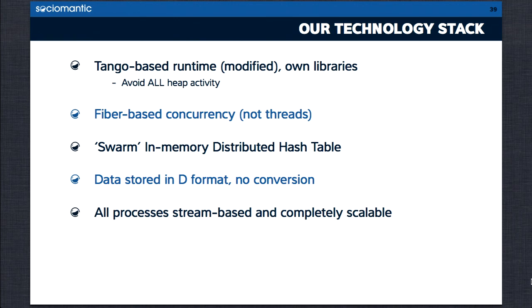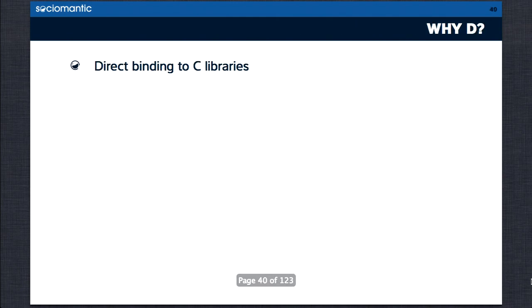From SOCIOMANTIC's perspective, D has 3 killer features. First, direct binding to C libraries. It's usually more pleasant to use a C library from D than from C because D is just a nicer language. But it's never worse to use D. You never lose.